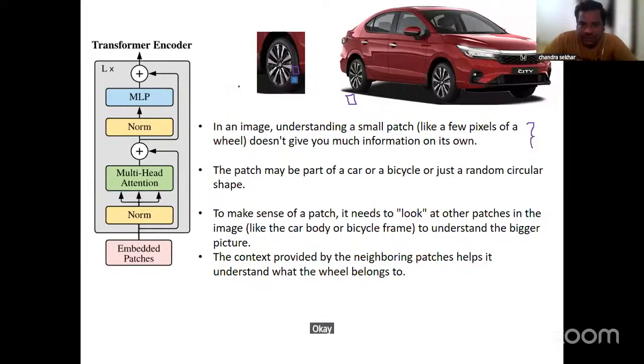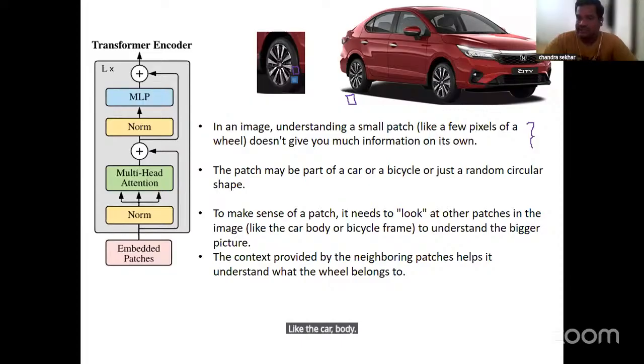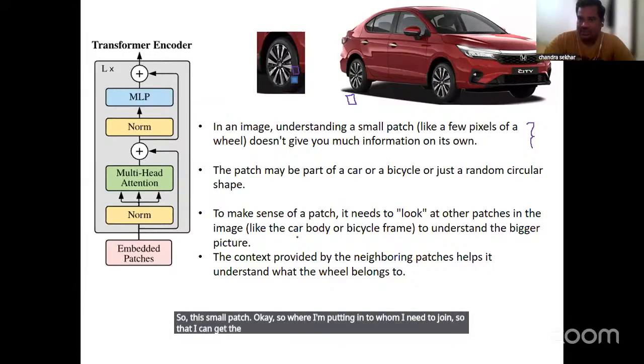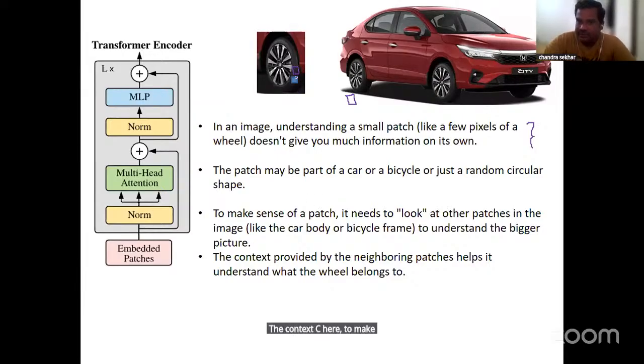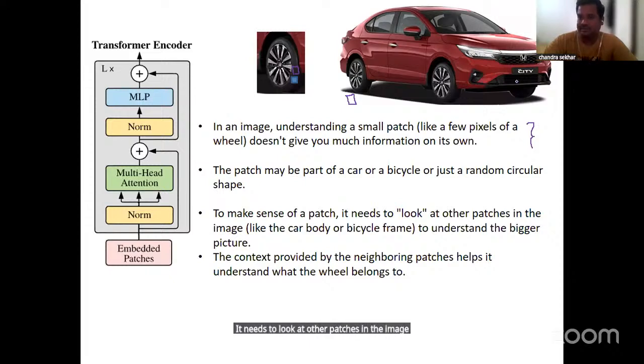Okay. So this is the patch. Now, to make sense of a patch, it needs to look at other patches in the image, like the car body or bicycle frame. So to whom do I need to join so that I can get the context? To understand the meaning of the patch, this particular subset of the image, it needs to look at all other patches.